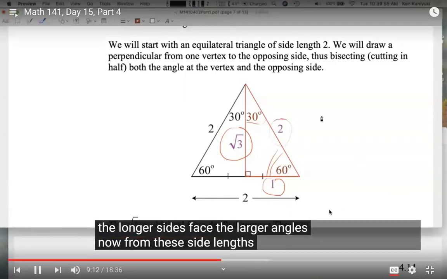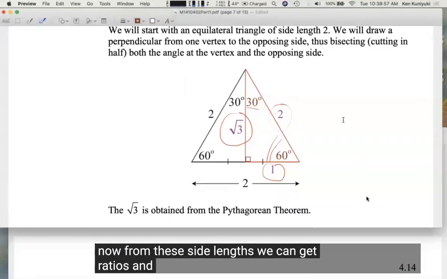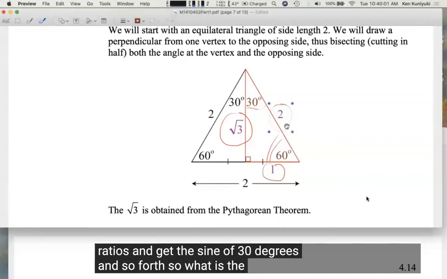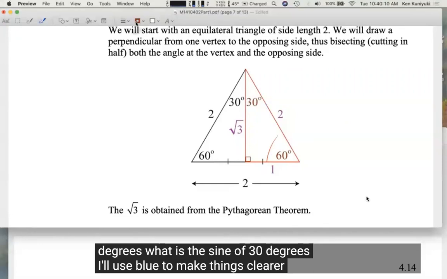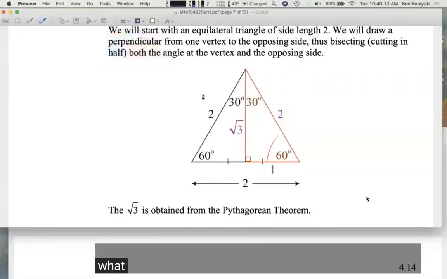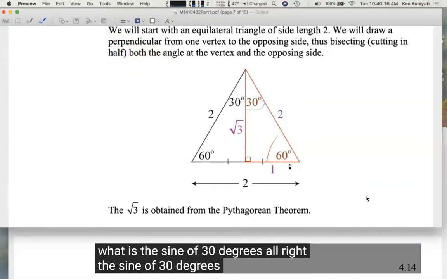Now, from these side lengths, we can get ratios and get the sine of 30 degrees and so forth. So what is the sine of 30 degrees? I'll use blue to make things clearer. What is the sine of 30 degrees? All right, the sine of 30 degrees.